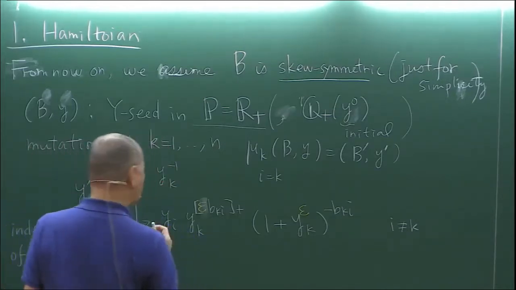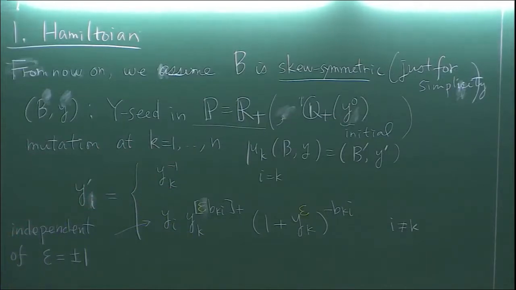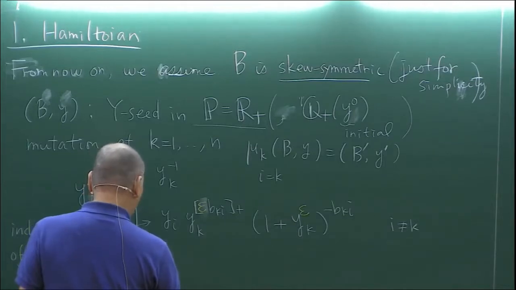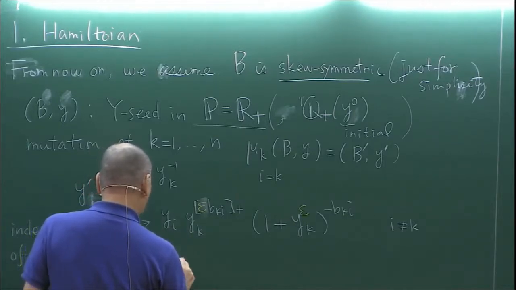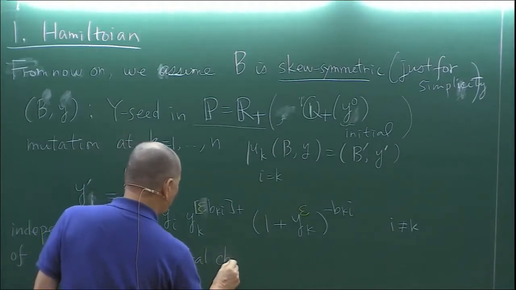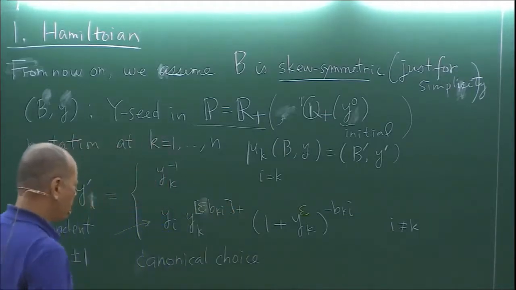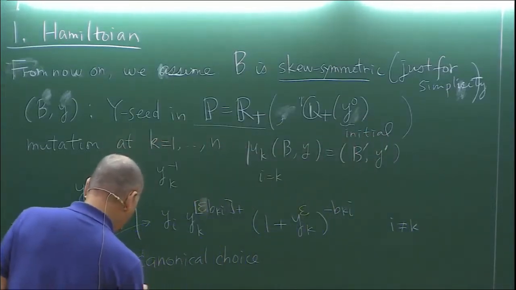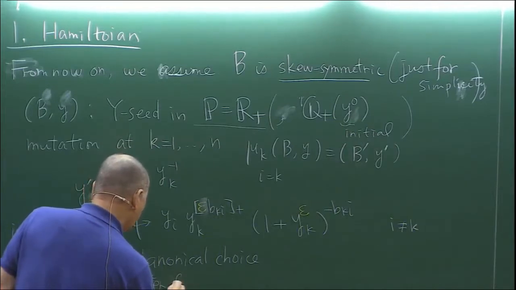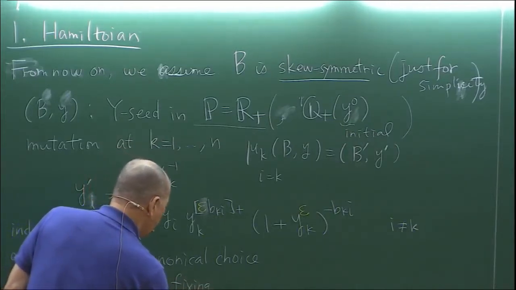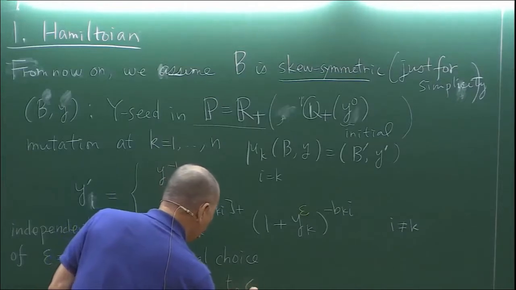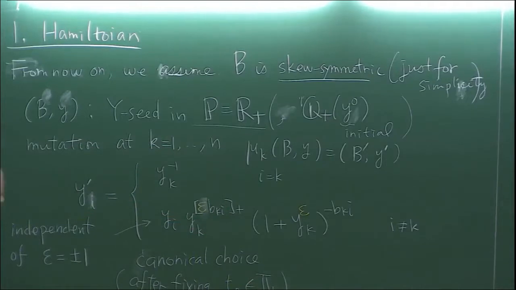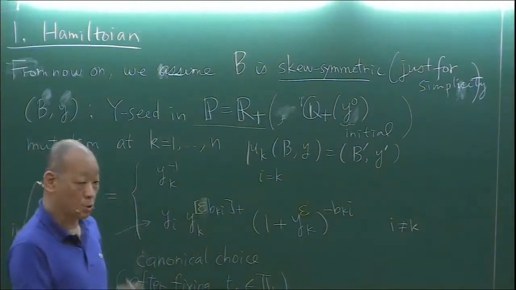Anyhow, what is a canonical choice of epsilon? There is a canonical choice of this sign. After fixing your initial point t0 in your tree graph, we can consider the notion of tropical sign.